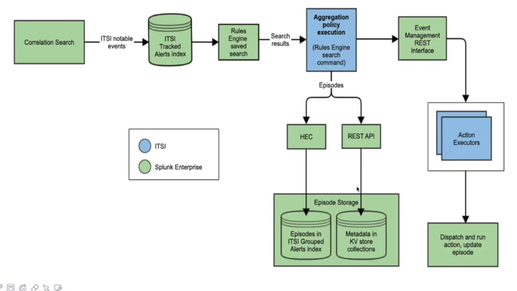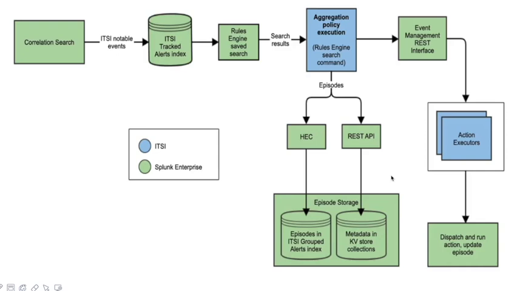Here we have events grouped together into the index, and we have metadata or user-related data in the KV store. The rule engine search periodically polls the configuration database for updates. If a policy indicates some action should be executed, the rule engine dispatches a REST request to the event management interface to execute the action.